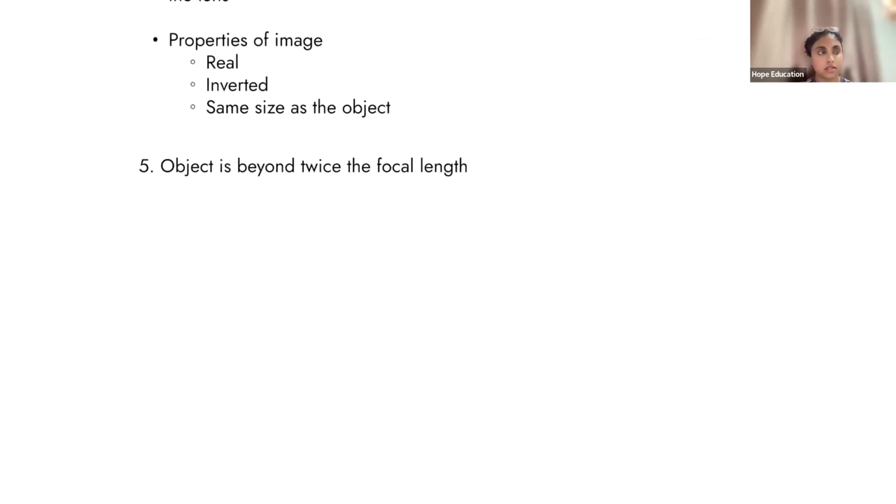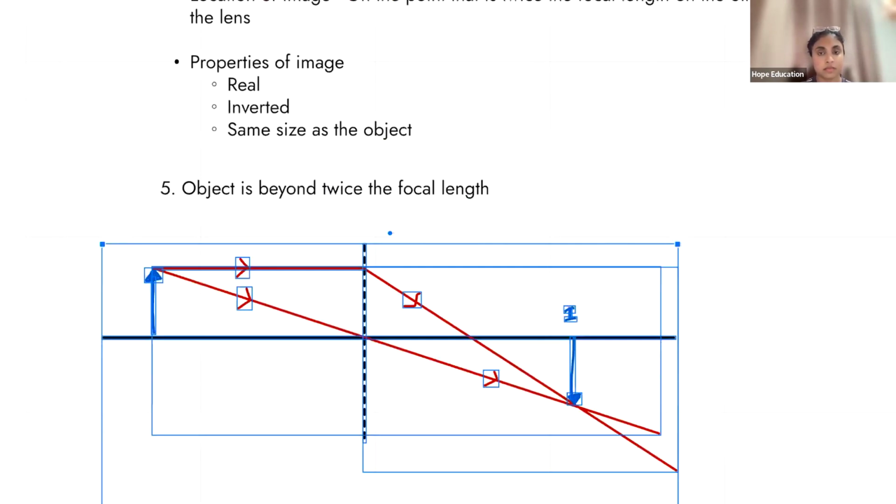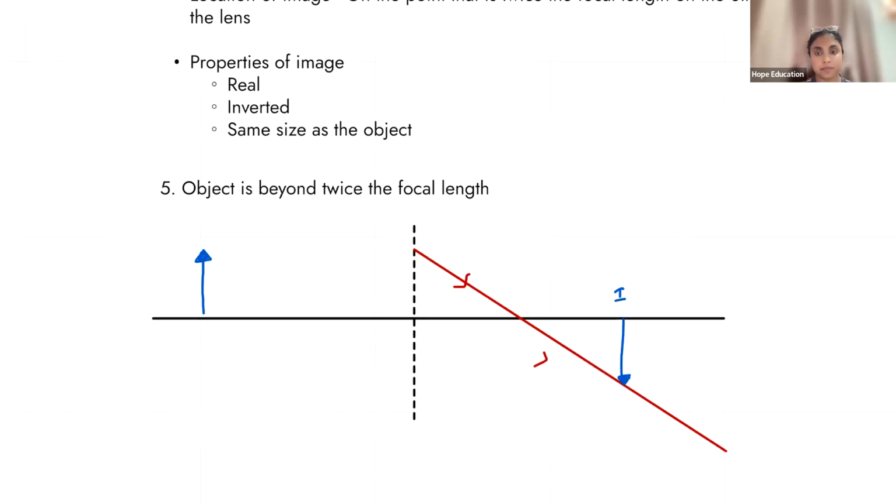Copy this. Okay. So this is my convex lens. And let me mark focal points.